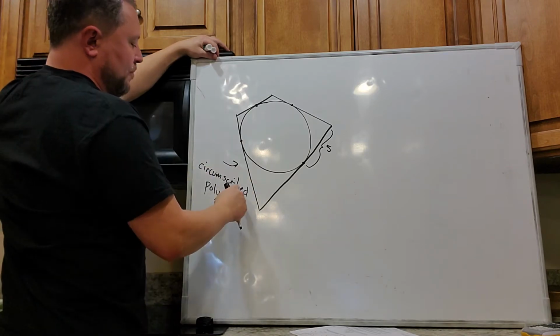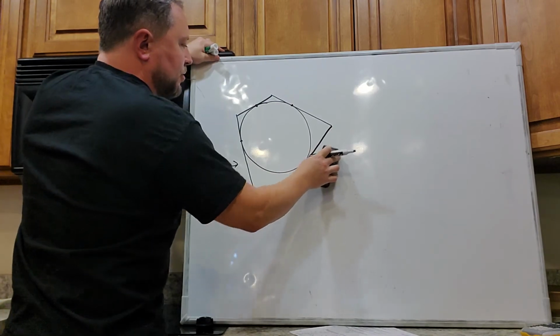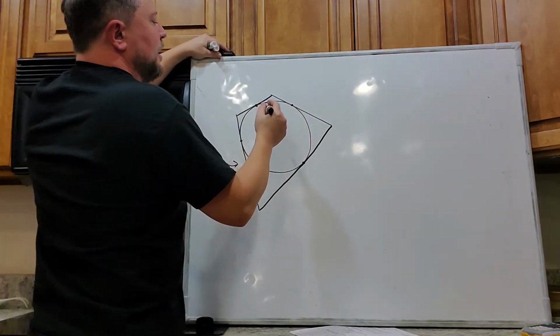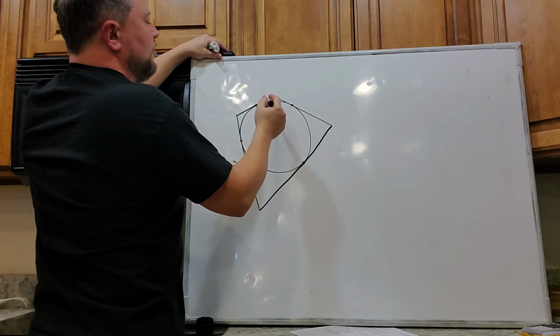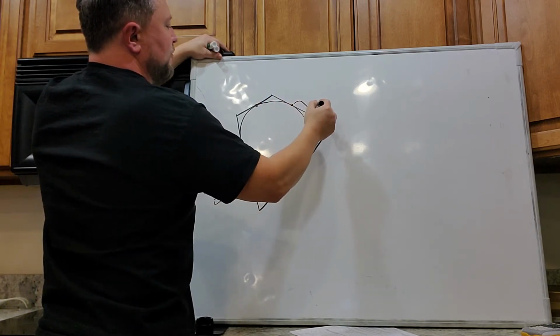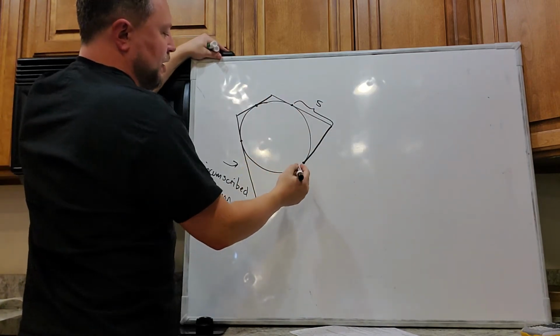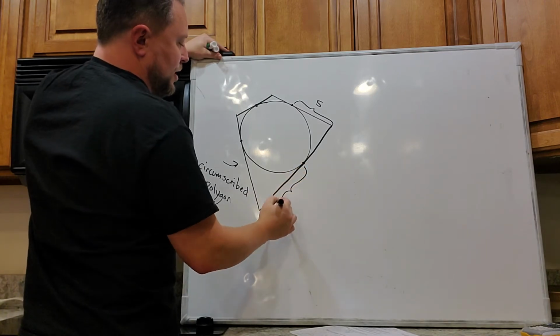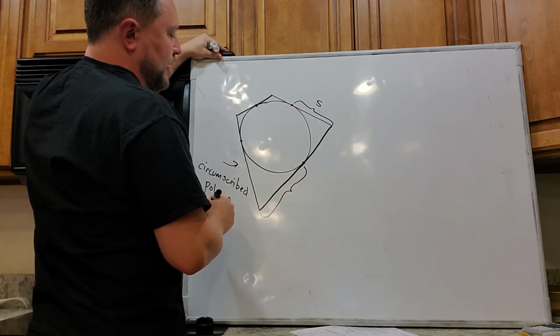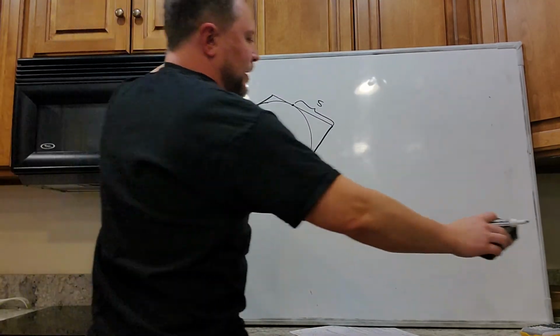I just want to make this so I don't have to do too much erasing here. Okay, let's do this instead. What if I told you that, let's move that 5 to right here. Let's say that's 5, and then from here to here, let's say, is... I did it again. Sorry. I'll get this right yet.